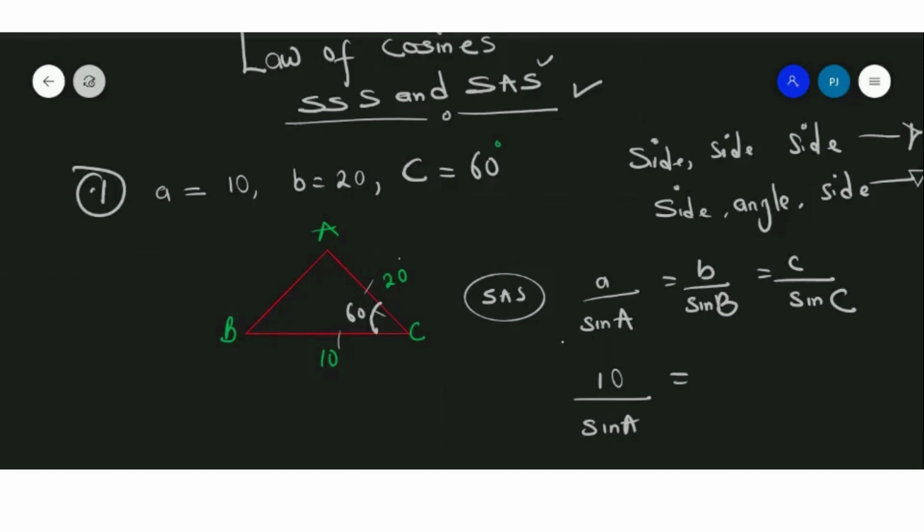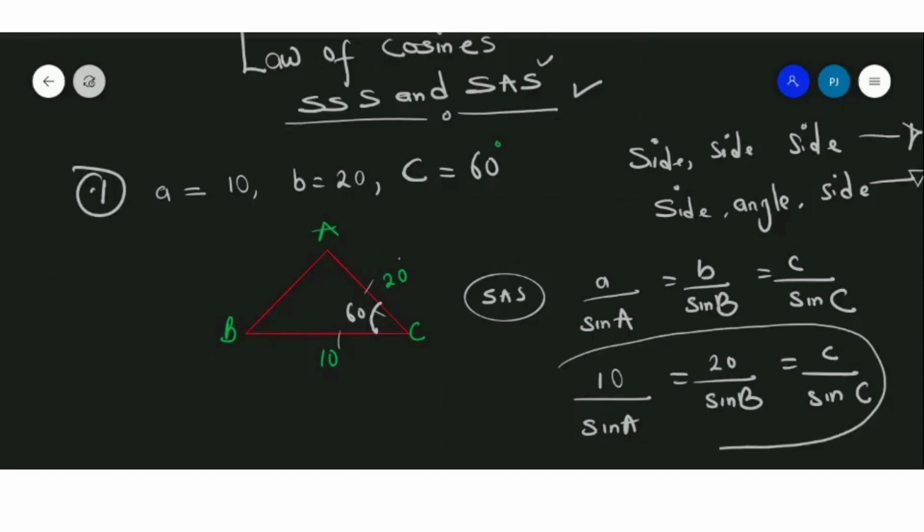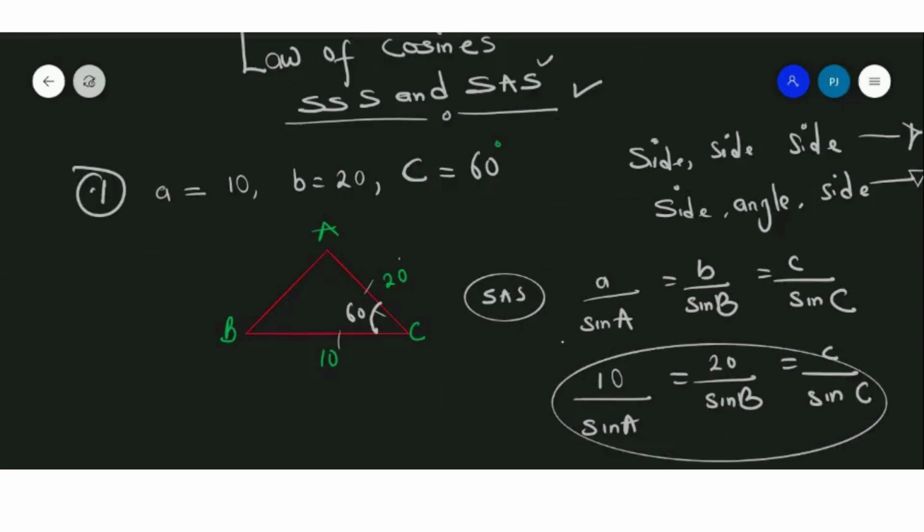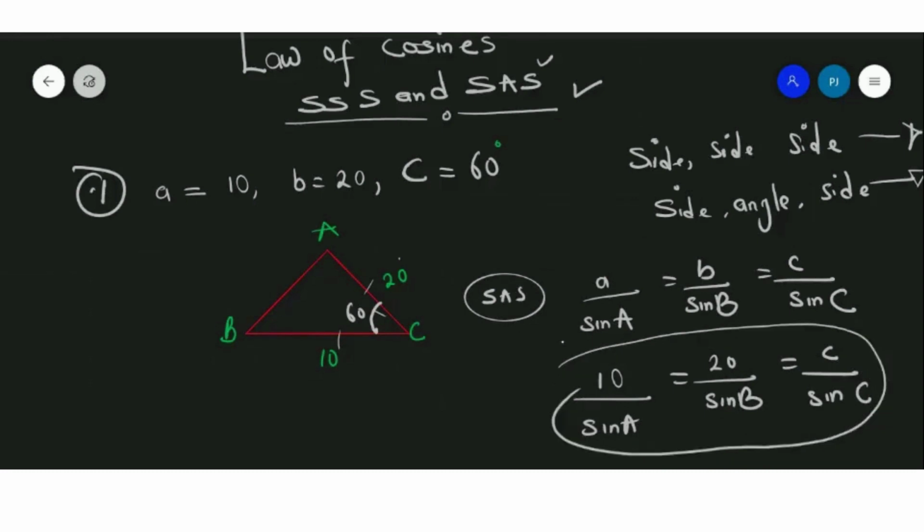B is 20, and we still don't have sine B. And we have C, we only have the angle here, sine C. So looking at this, even if we pick any two of these, we still cannot solve it. So the best option is to apply the law of cosine.